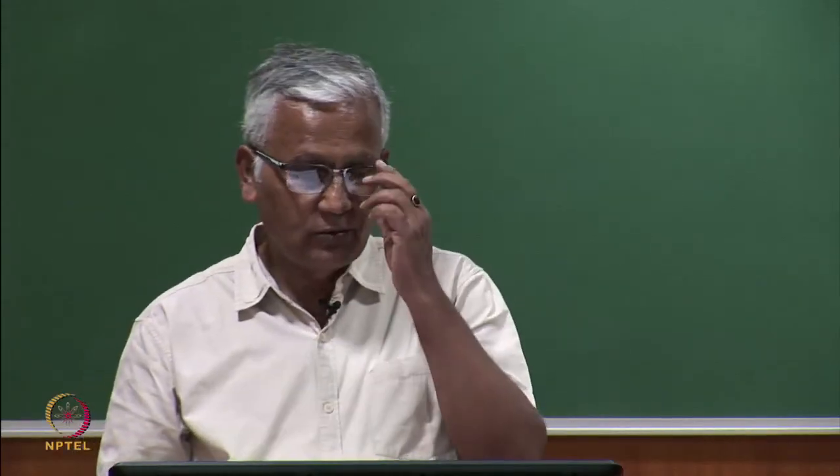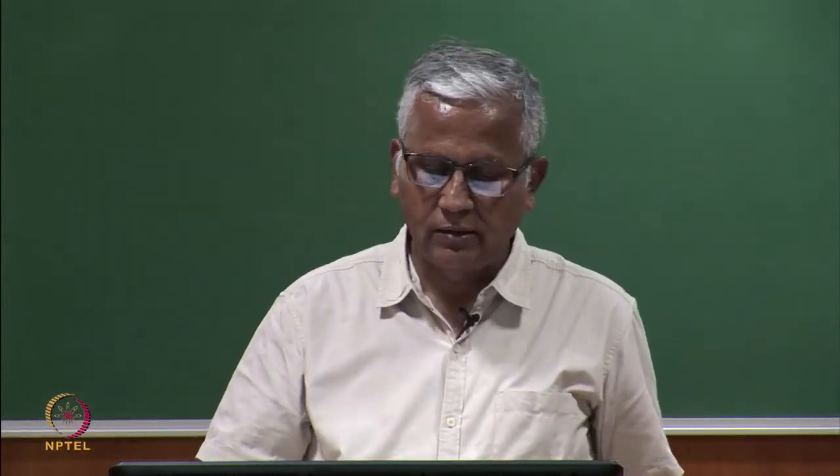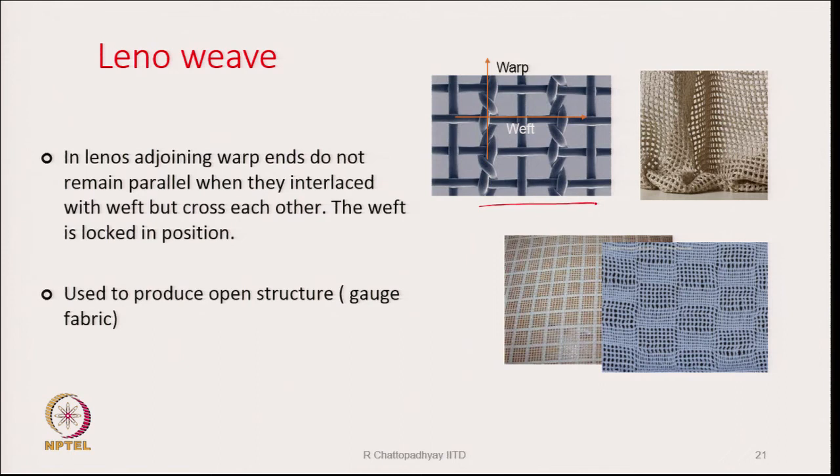The lino weave, as we were discussing. Now, in this particular slide, the image gives an idea about the way the yarns are interlacing each other, and you look at the structure. Now, these yarns you see going like this. So, this pair of yarns is actually holding this yarn between them.